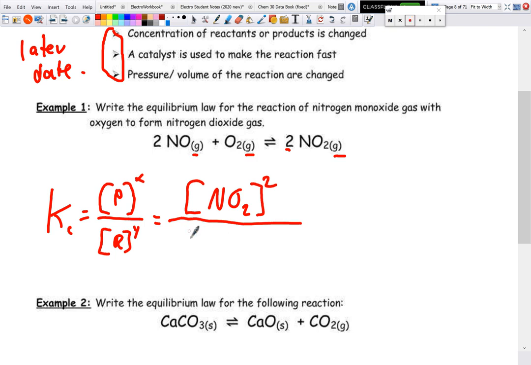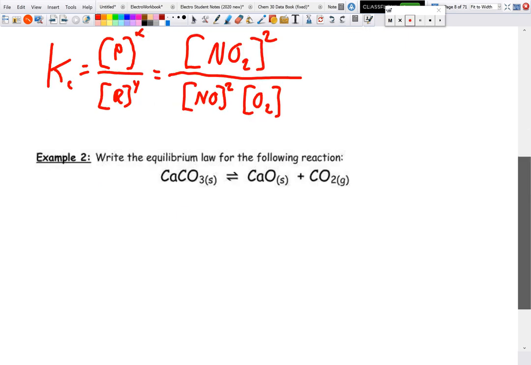Over, we have two reactants, so we're going to get NO gas down at the bottom, and the concentration of O2 gas. Of course, the molar coefficients need to go in front, so the concentration of NO is going to be squared, and for oxygen, it's just 1. And that is it, that is writing the equilibrium law. Now we don't have any numbers to actually put in, but that's fine. Let's move on to the next one.